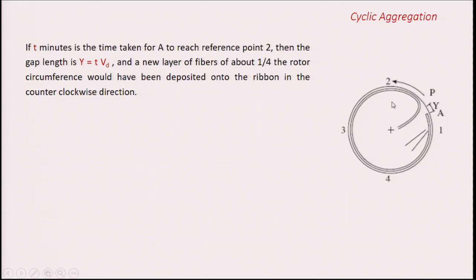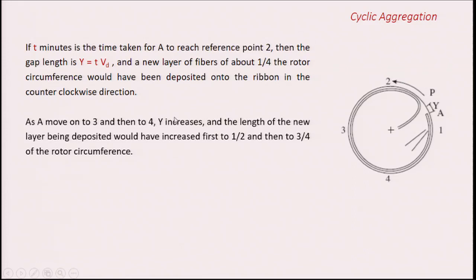The gap y is simply proportional to the delivery rate V_d. So, y will be equal to t times V_d. If t minutes have been taken for the point A to reach point 2, then by the time the rotor has reached point 2, the length of the gap y will be t times V_d.